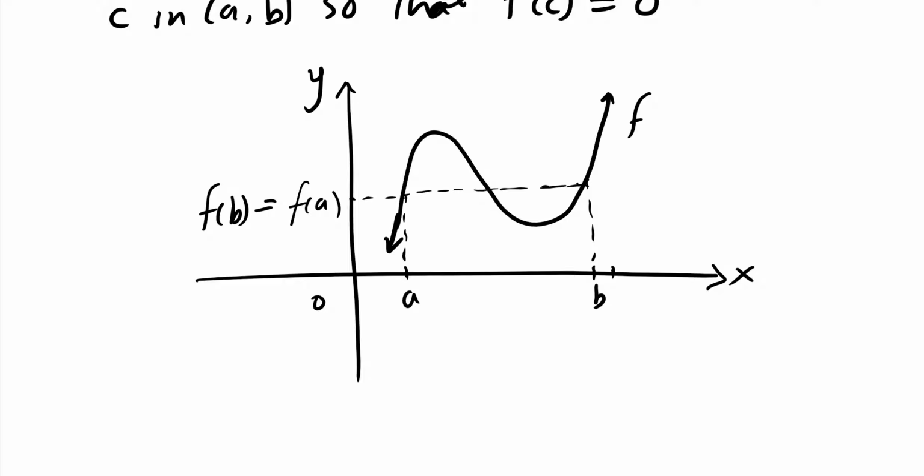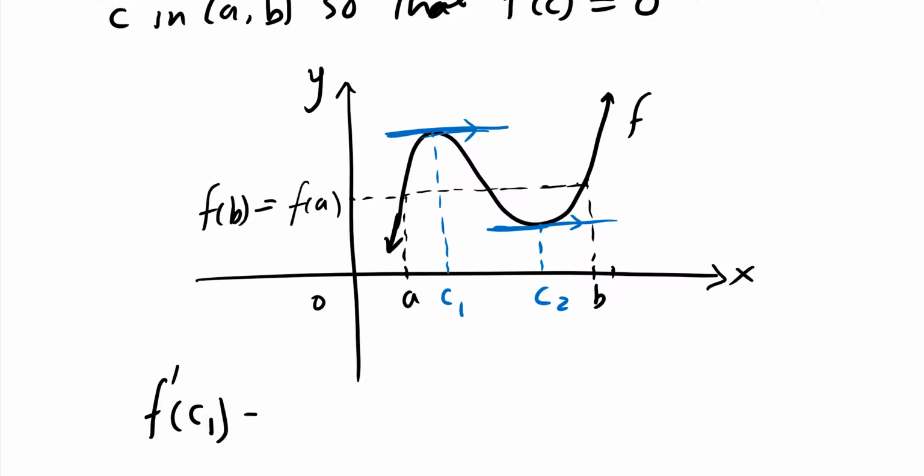Over that interval from a to b, notice the function is continuous and differentiable. So there are two points here. I'll call this c1, where we have a horizontal tangent line, and there's another horizontal tangent line here at c2. So this tells us that f prime of c1 is 0 and f prime of c2 is 0.